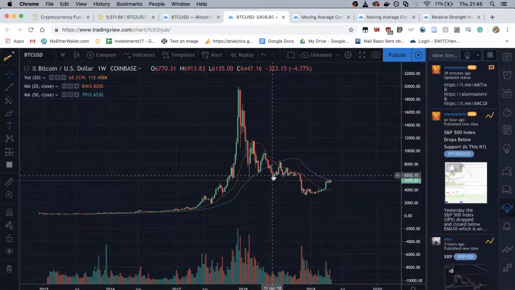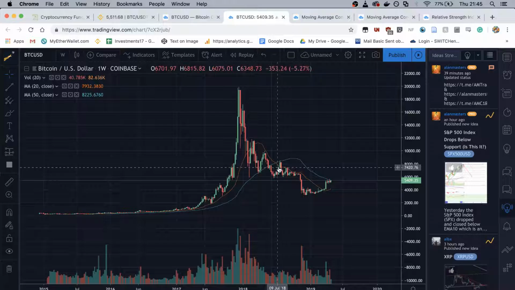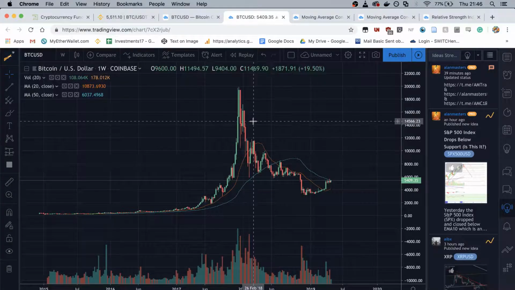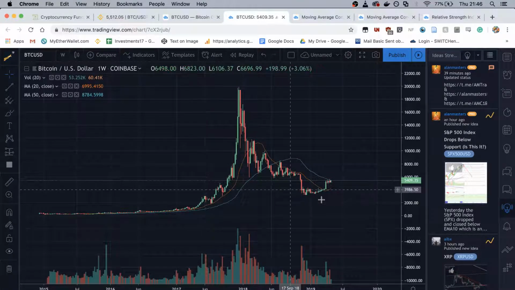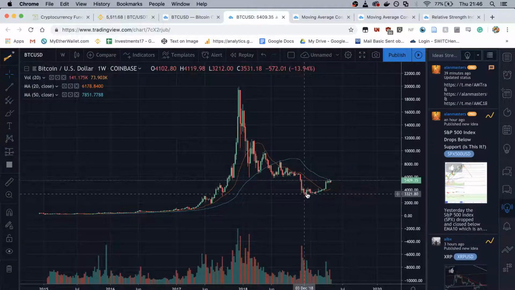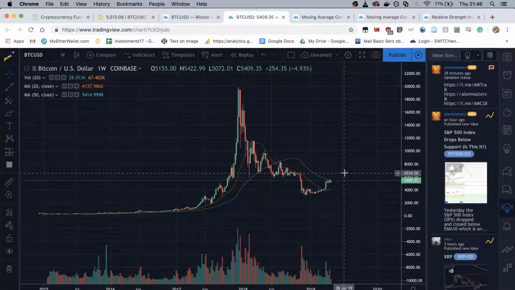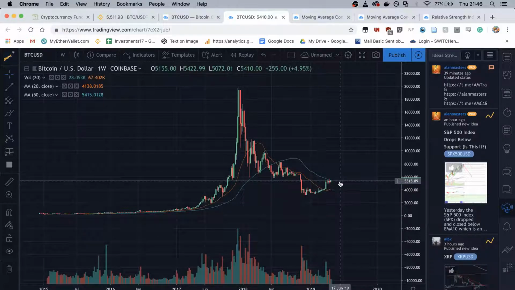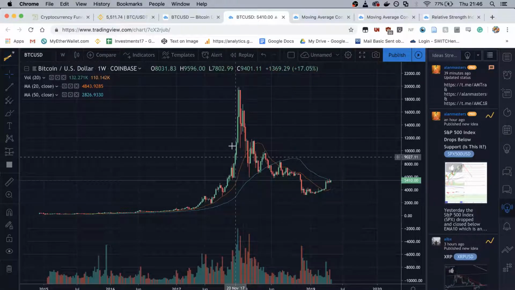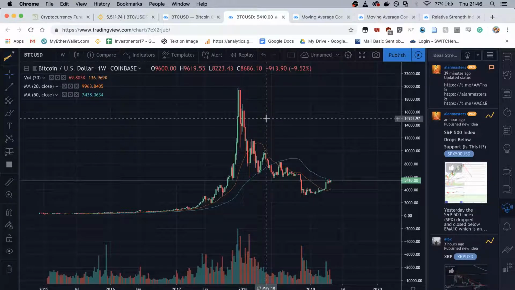Now, as you might notice, you won't be selling at the highest, and you probably also won't be buying at the lowest, because if here it crosses again, Bitcoin will probably also be around 7,000 or 8,000. So you won't be buying at the lows, and you also won't be selling at the highs. That's why I suggest that you use different indicators.